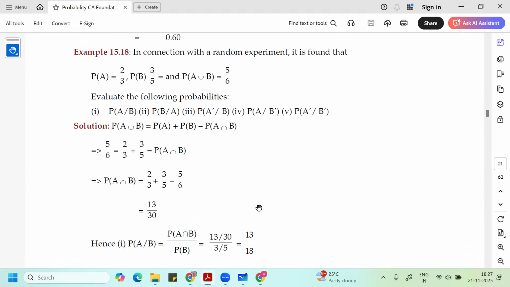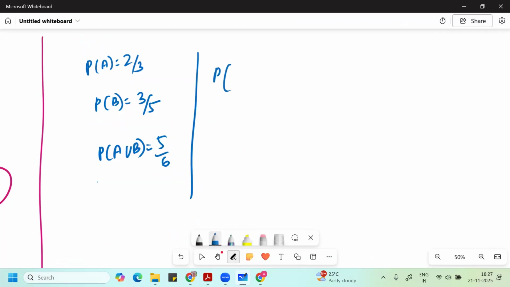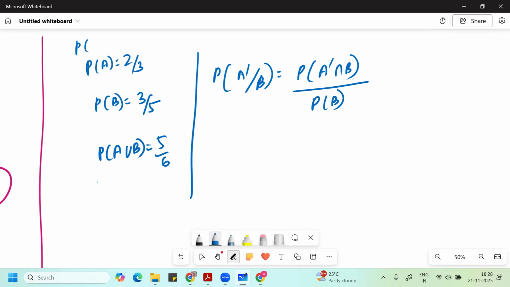And they're asking you probability of A dash by B. So A dash by B means probability of A dash intersection of B by probability of B. So what would be the probability of A dash intersection of B? Probability of A, I know, 2 by 3. Probability of A dash would be 1 by 3.